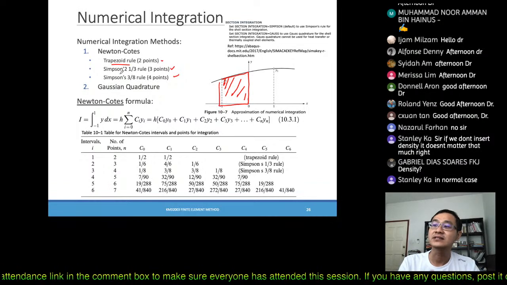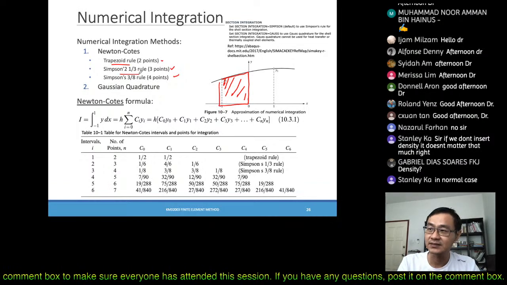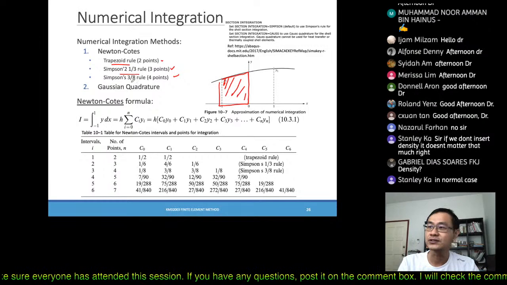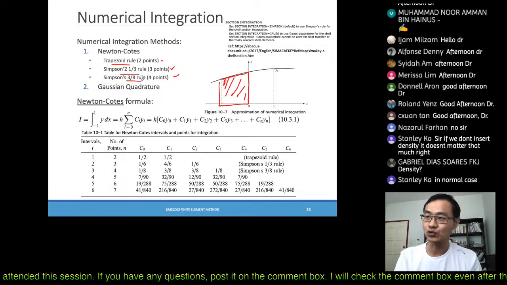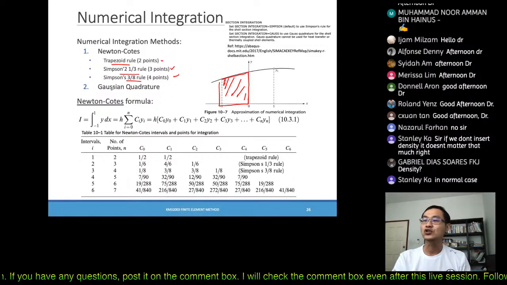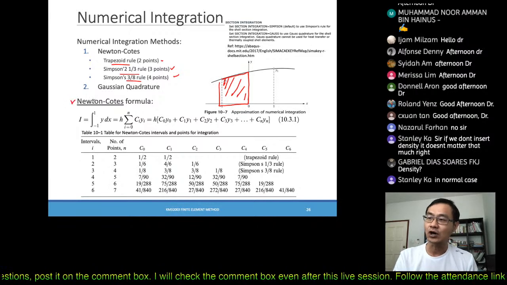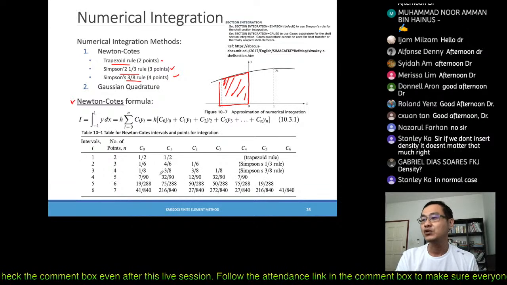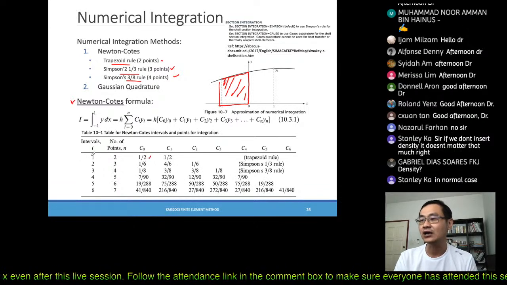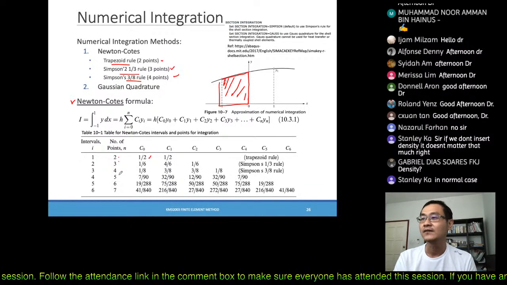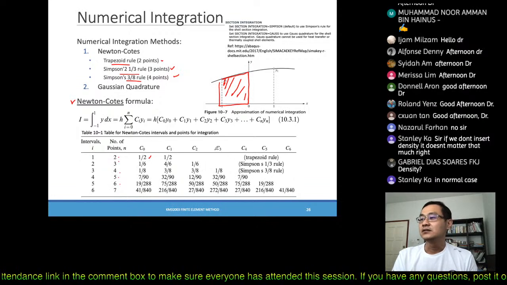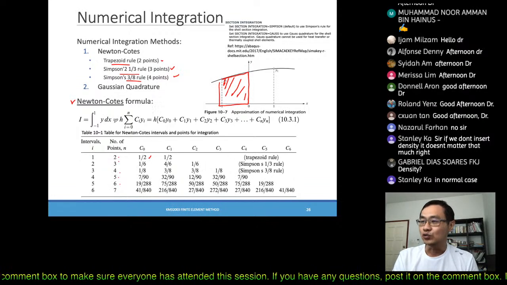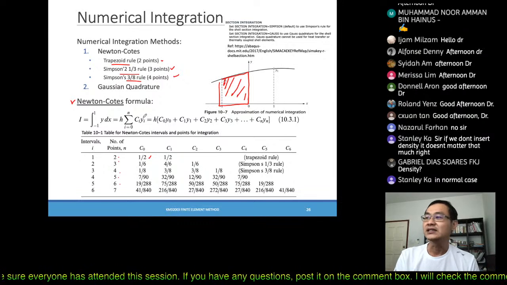Then there is Simpson's 1/3 rule, and there is Simpson's 3/8 rule, which include different points. So if we intend to use Newton Cotes formulations for our computer program to integrate, then they will use this constant, according to the number of points, for them to do the integration itself.